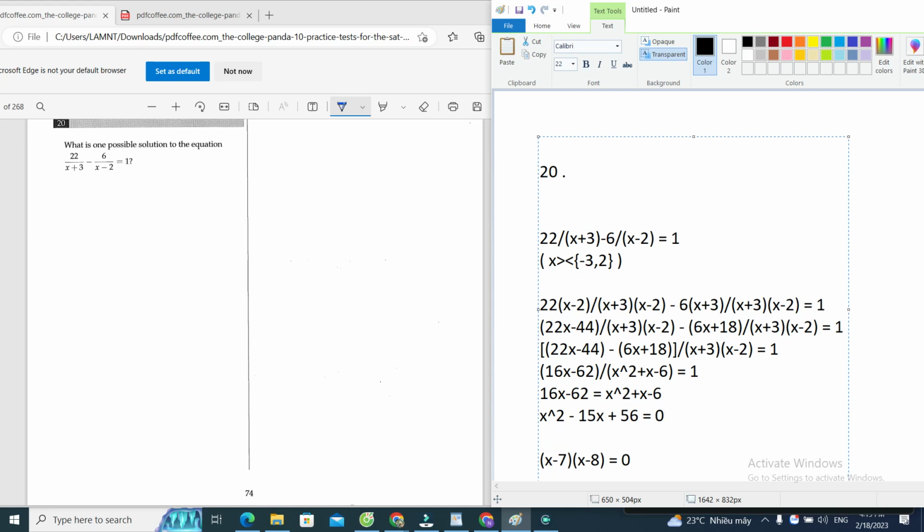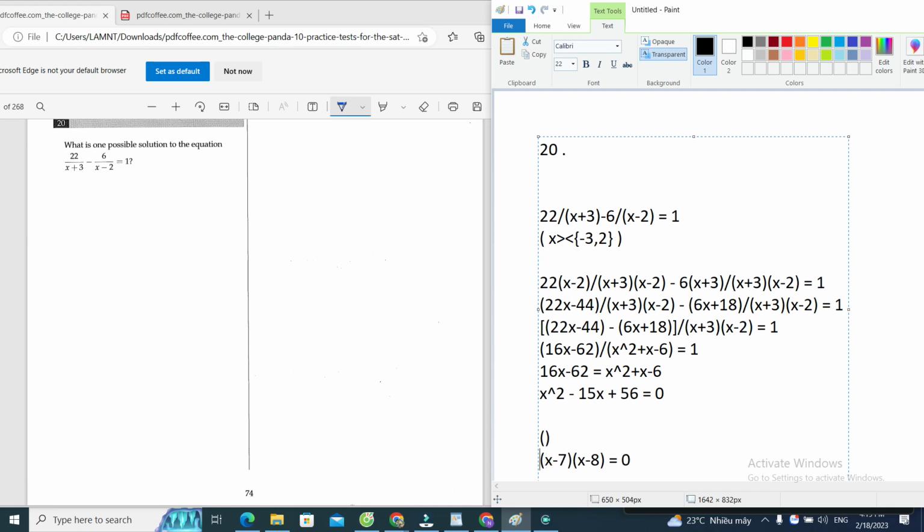Let me factor it out for you. This is x squared minus 7x minus 8x plus 56 is equal to 0, which means x outside, x minus 7, minus 8 outside, x minus 7 is also equal to 0.